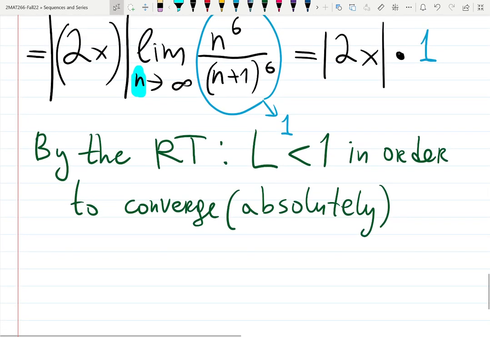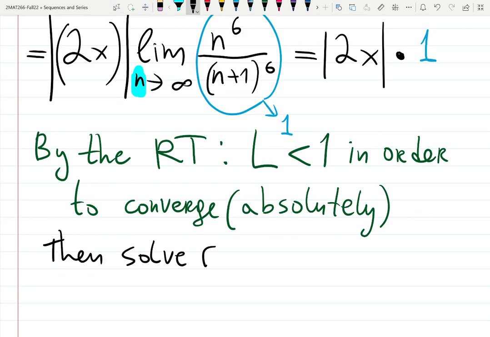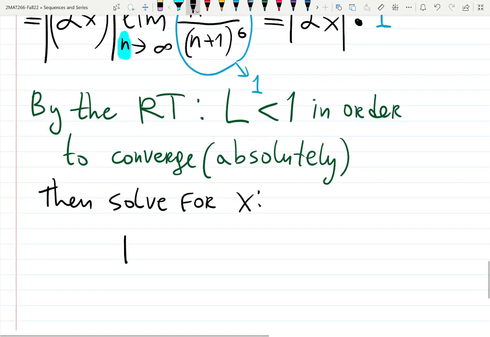So I will enforce this. Then solve for which x the absolute value of 2x times 1 will be less than 1. Does it make sense? We will check for which x we're going to stay on the safe interval of convergence.